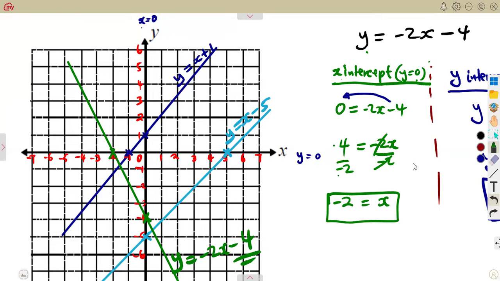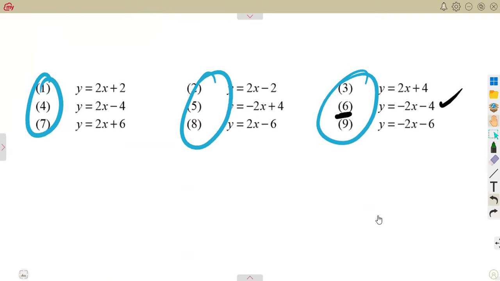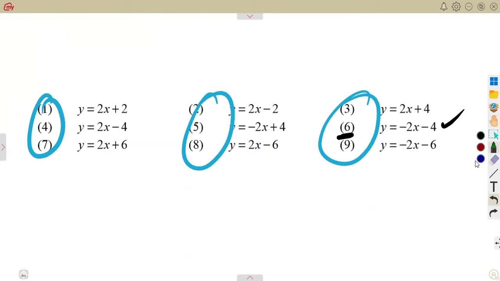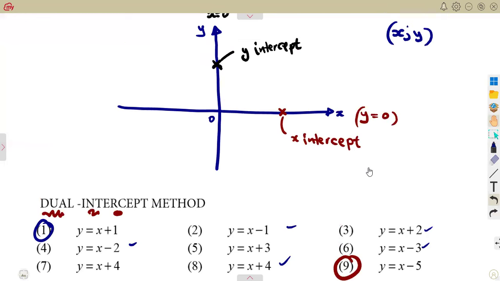Just like that. So I want us to try as many questions as we can from what we are having here. What you can do is just list the X-intercept and Y-intercept of a question where you think maybe you need assistance, so that we see if you are having the same values. But these are the typical questions that you need. Just make sure that you revise as many questions as you can.